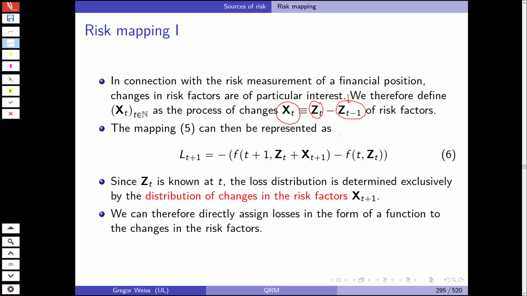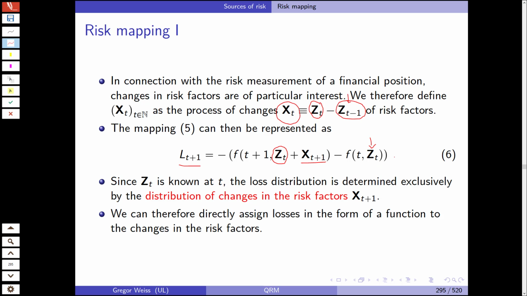Thus, the risk mapping can be represented as: losses are given by minus the risk mapping at t plus 1, evaluated at the former state of the risk factors plus the changes, minus the risk mapping at point t and the well-known, observable risk factor zt.